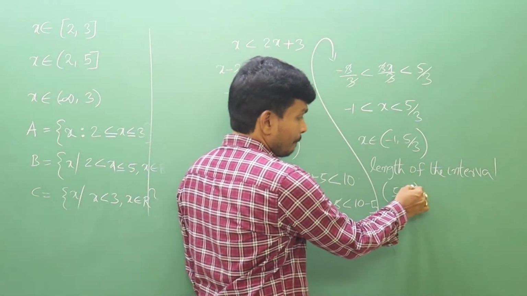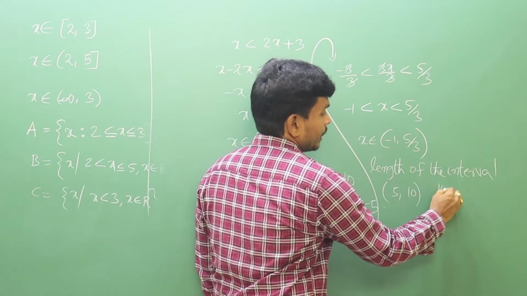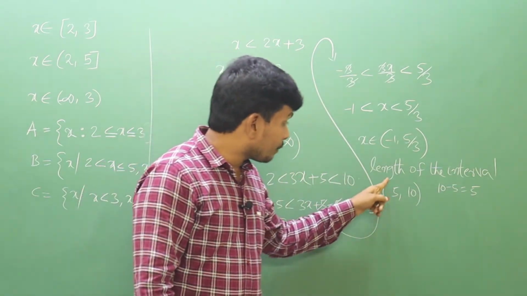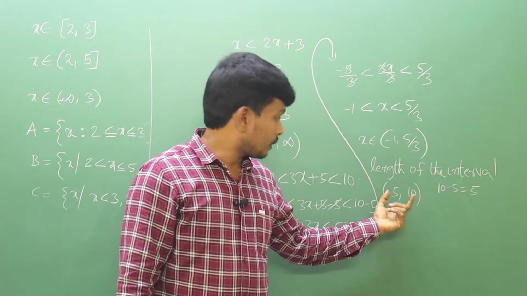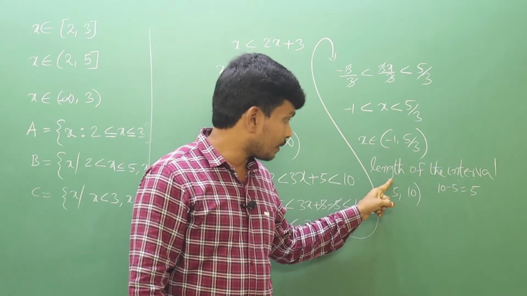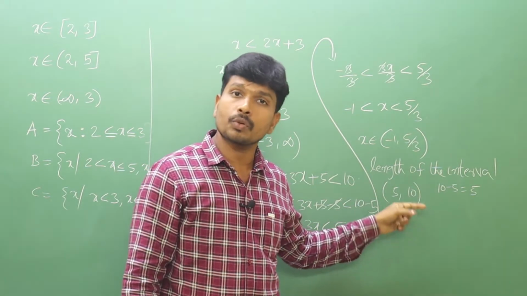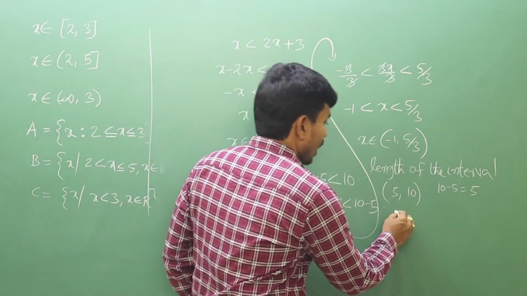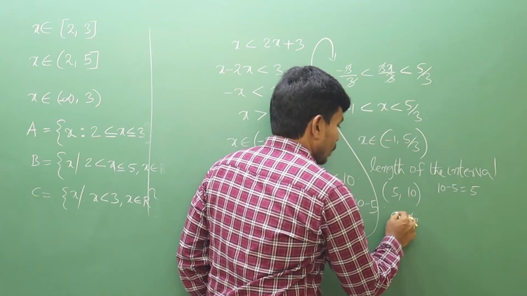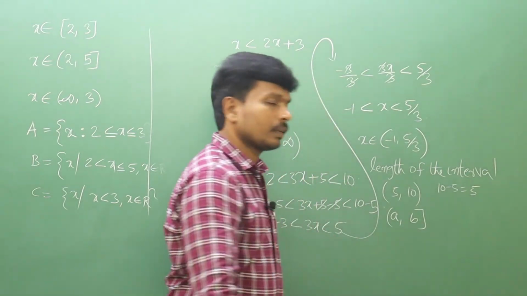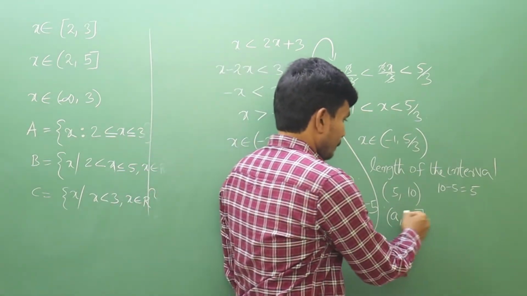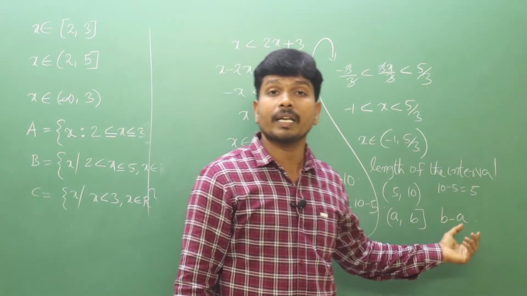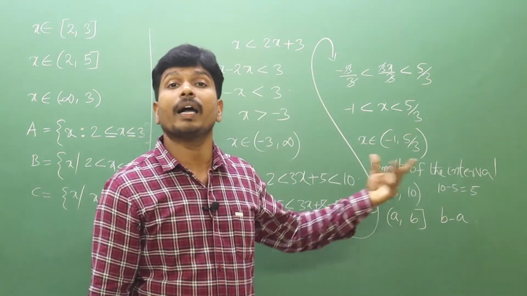It is nothing but upper boundary minus lower boundary, means 10 minus 5. 5 is the length of the interval. Whatever it may be, that interval you can take. The interval can be open, closed, or semi-open, semi-closed. What is the length of the interval open a and closed b? That also is b minus a. Upper boundary minus lower boundary is called length of the interval.